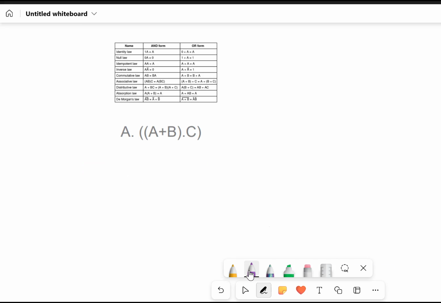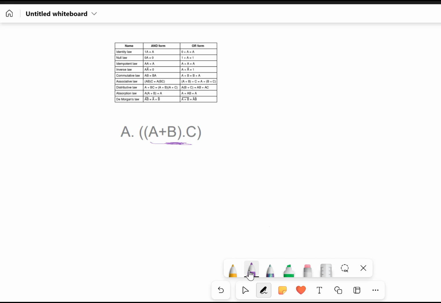Pause the video, give this a go yourself first. Okay. What I'm going to do is look at this inner part first, and if we look at this, we've actually got distributive law in action.